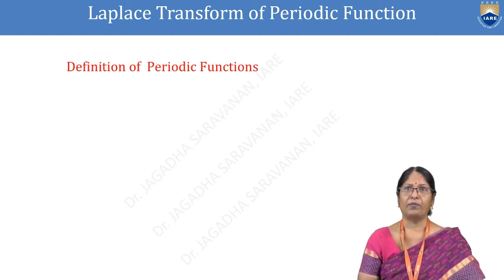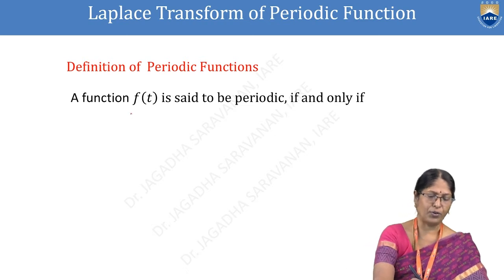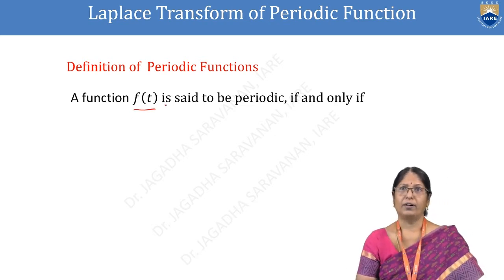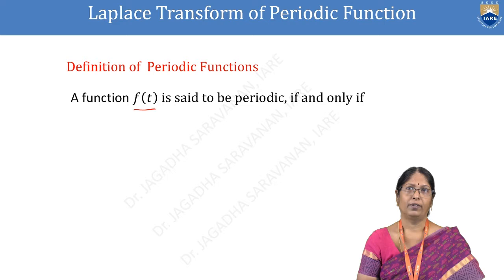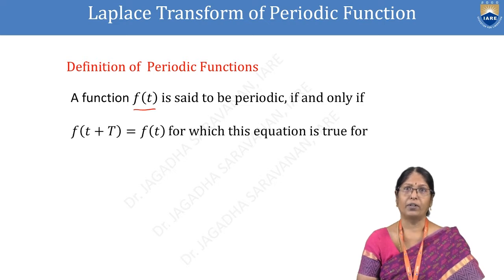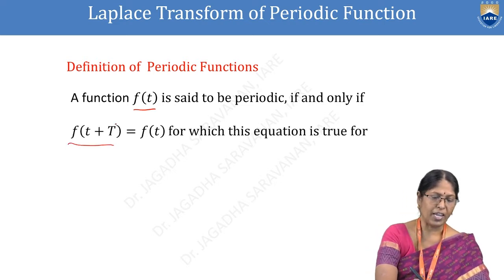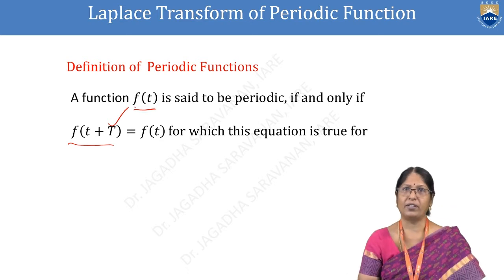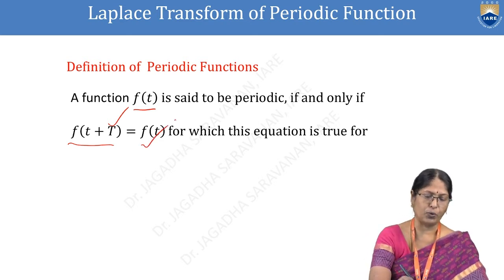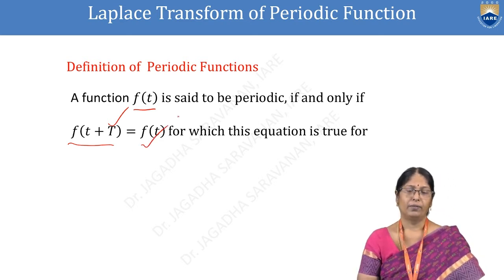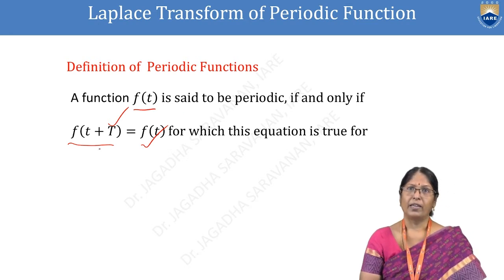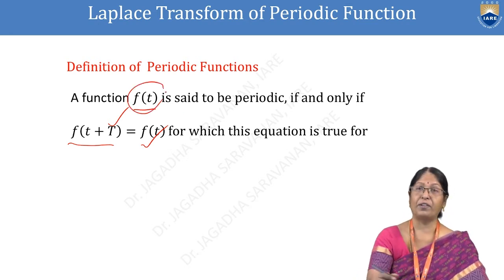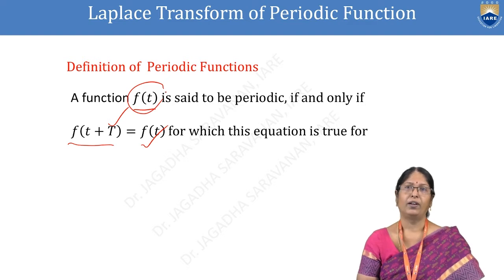Definition of periodic function. A function f of t is said to be periodic if and only if f of t plus capital T is equal to f of t.